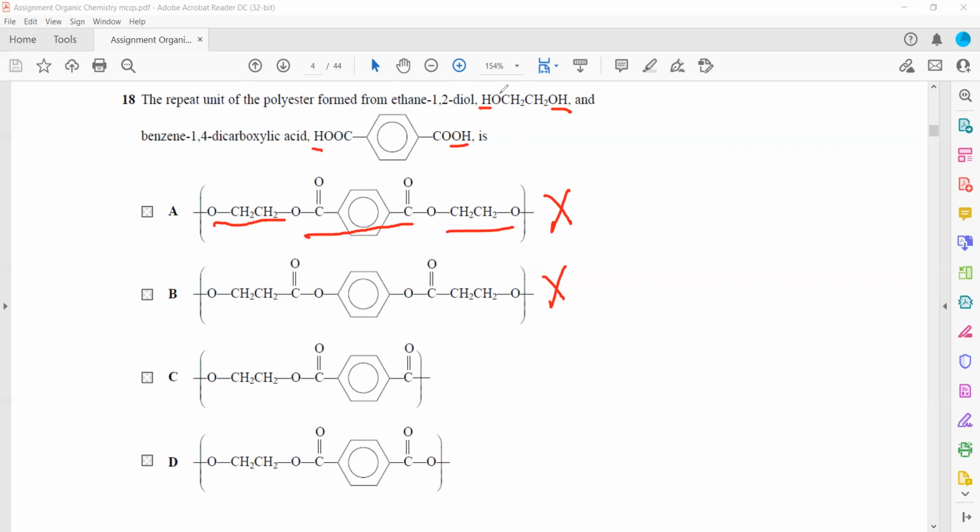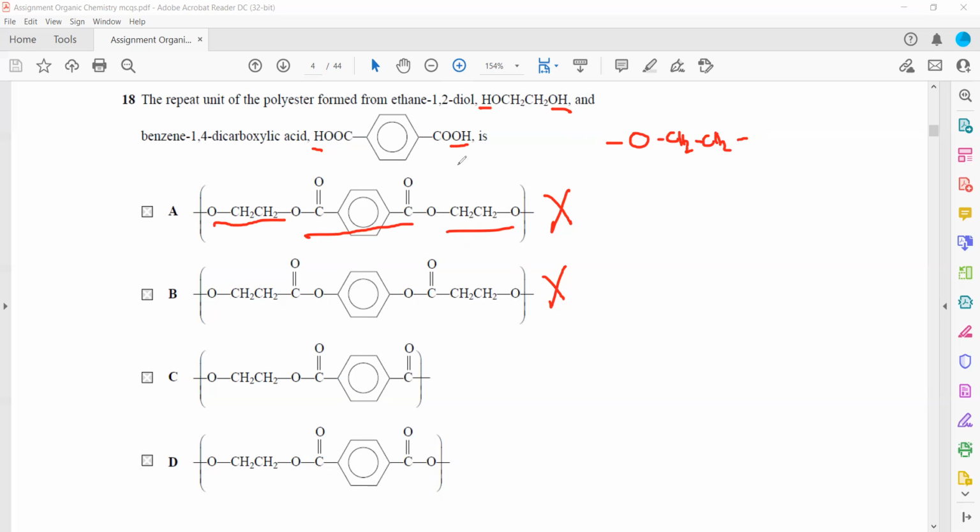So if I try to draw or construct a polymer, why do I remove H from here? Because all the options are starting with O. That's why if I remove H, then it will be CH2, CH2, OH and H being removed.